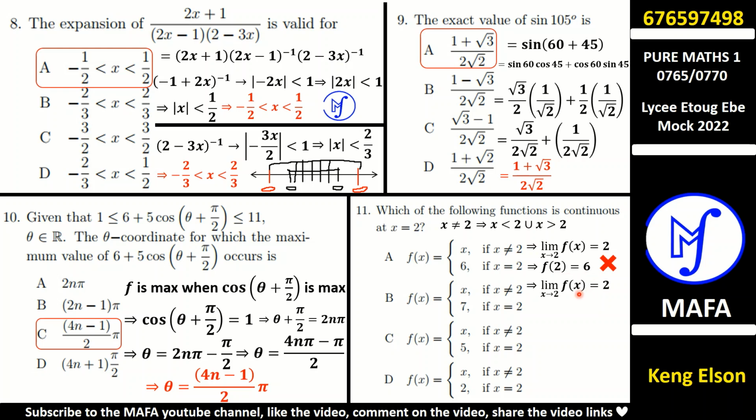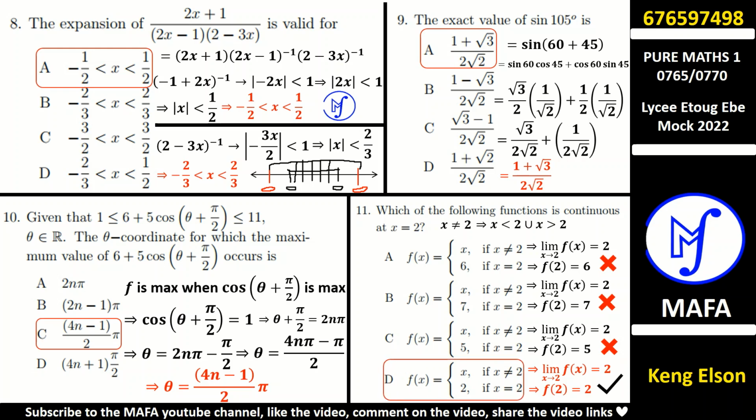Now for option B, we see that the limit is also 2, because we are using x, we just need to replace x with 2 to get the limit. But f of 2 is 7, so it is not continuous. For option C, the limit is still 2 and f of 2 is 5, so option is wrong. So the correct answer is option D, since the limit is 2 and f of 2 is 2, so the function is continuous. So it means option D is correct.